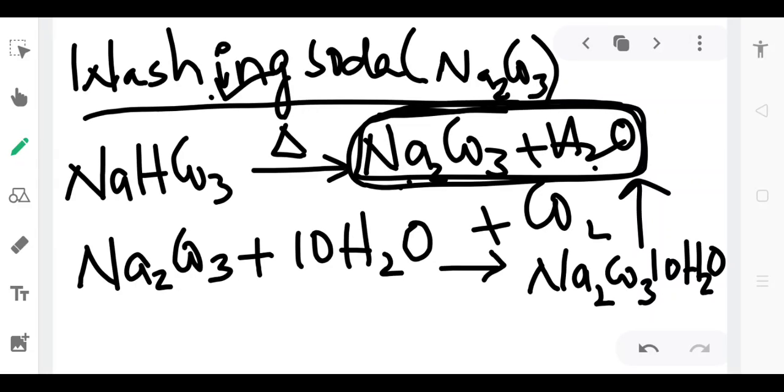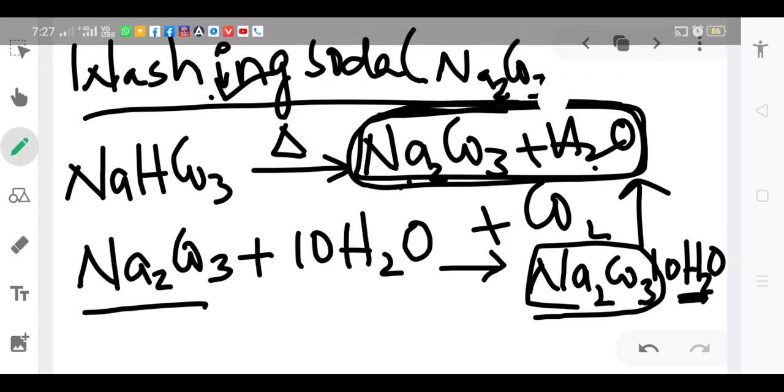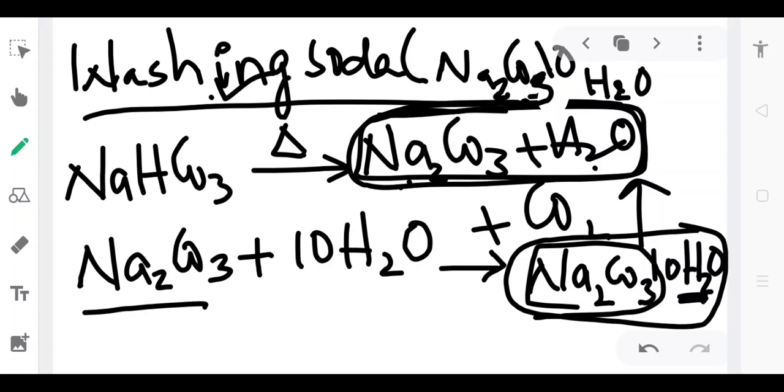Similarly, when washing soda is converted into crystals, each sodium carbonate molecule will be associated with 10 molecules of water. So that's why the formula of washing soda is Na2CO3.10H2O.